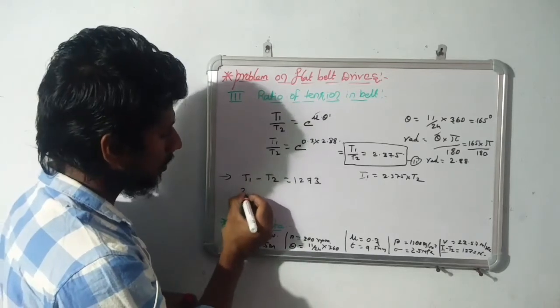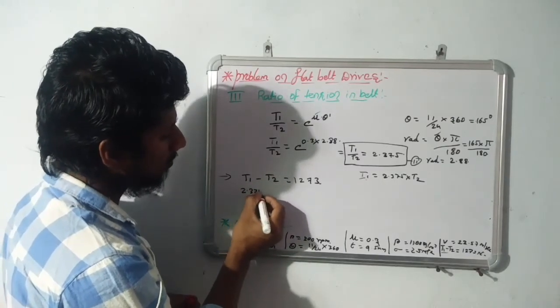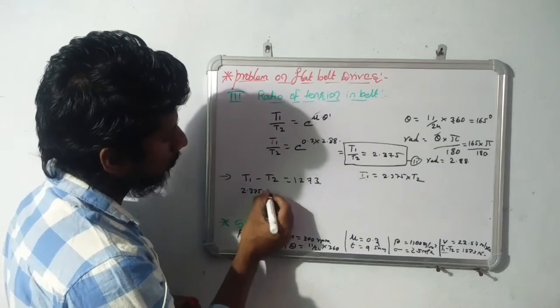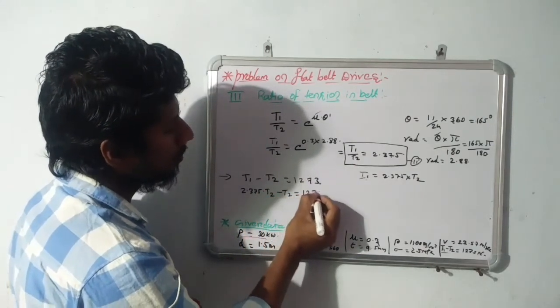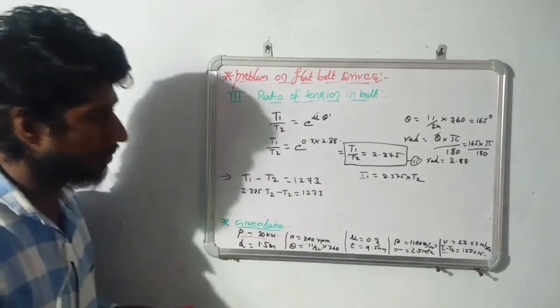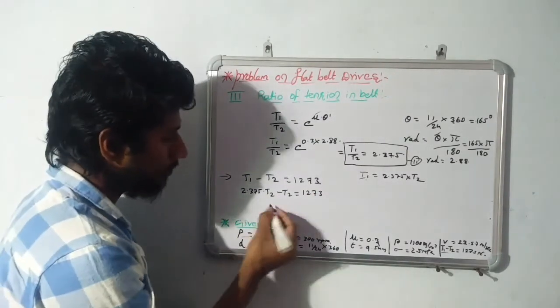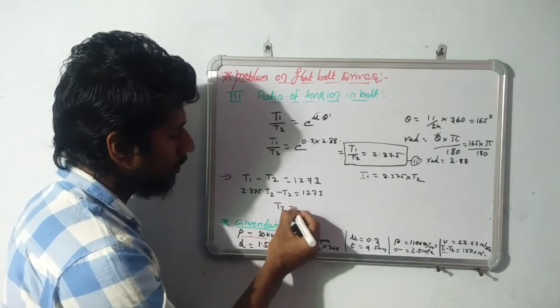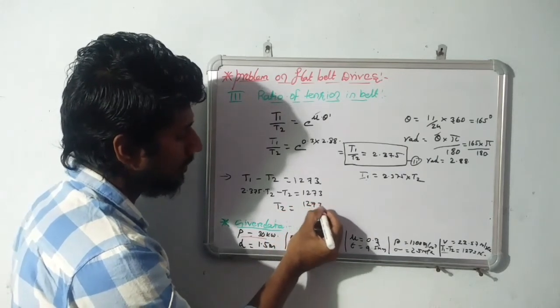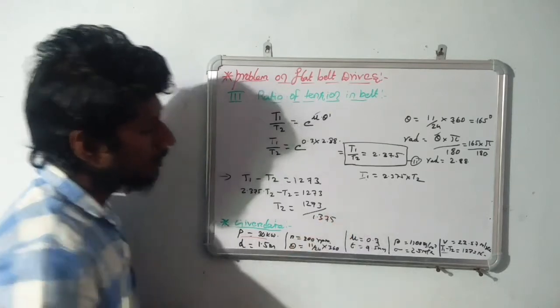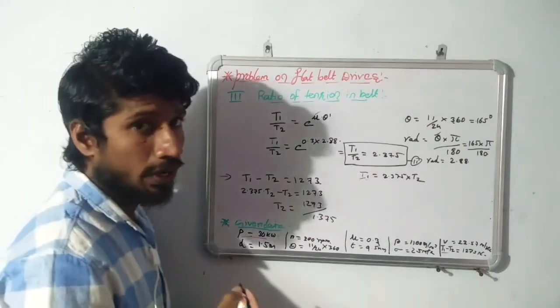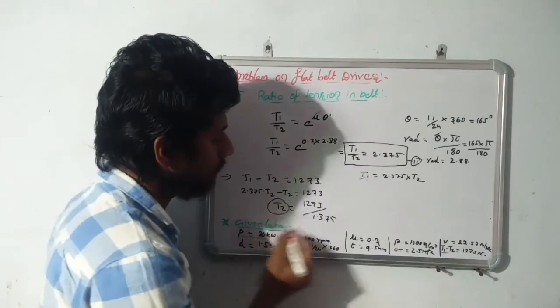What is the T1 here? 2.375 into T2 minus T2, that is equal to 1273. So from this one, T2 equal to 1273 divided by 1.375.